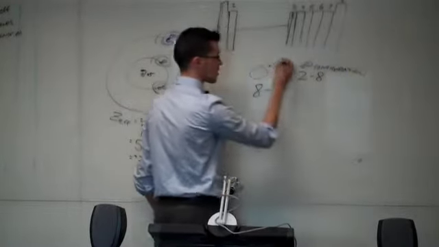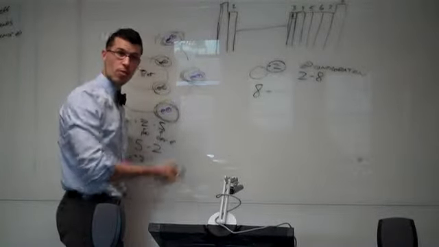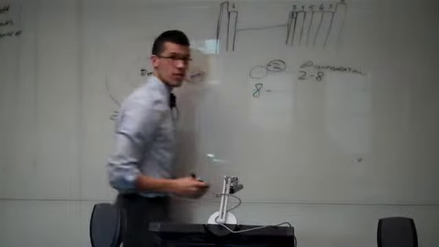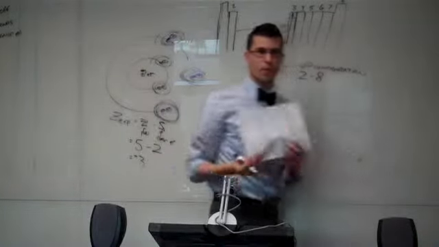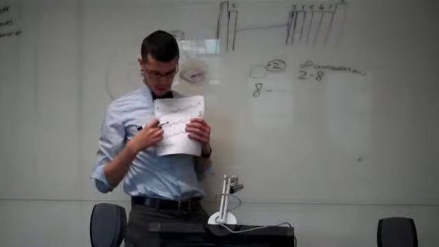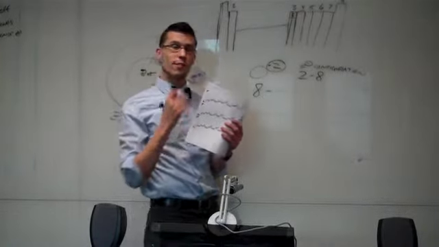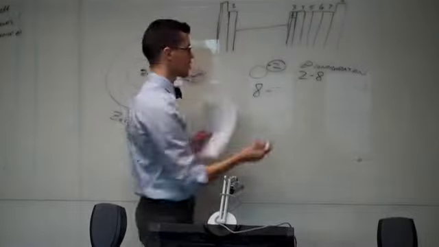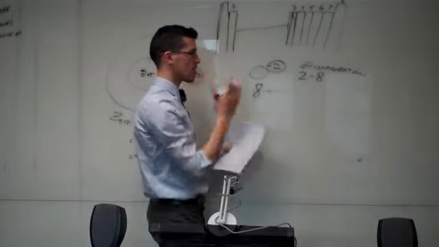Because it's got this -2 charge, that means we've got 2 extra electrons. Normally, this would be 2-6. And you can put that into your chart right here. If you put in 8 electrons, it's going to give you 2-6 as your electron configuration. So you'll have 2 core electrons, and you'll have 6 valence electrons.